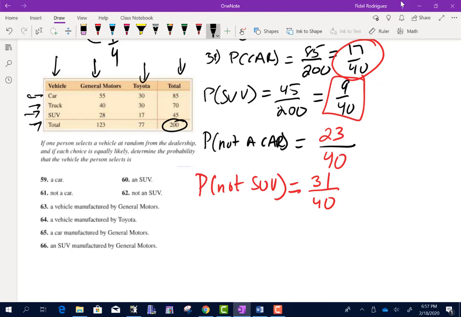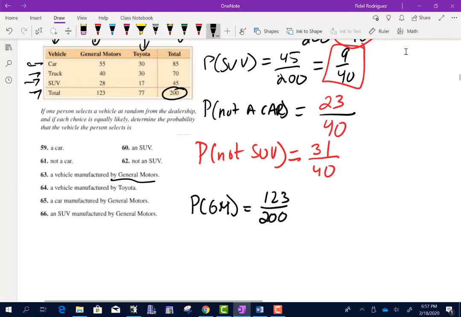Okie dokie. Let's see. 63 says, a vehicle made by General Motors. So let's go like this. What's the probability that the vehicle we get is made by General Motors? Remember, there's a total of 200 vehicles. How many of them are made by General Motors? 123 of them, right?